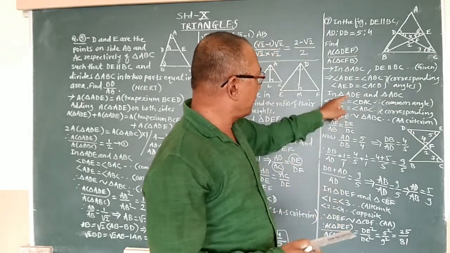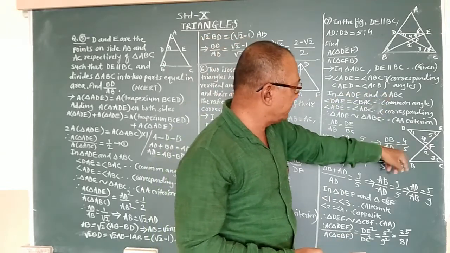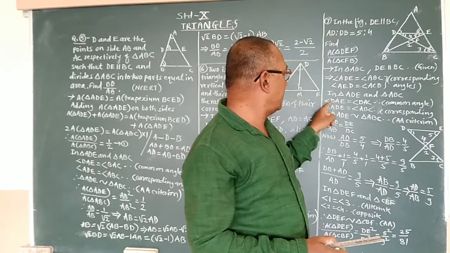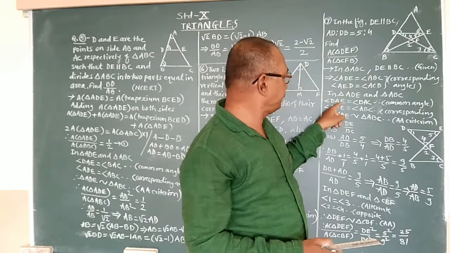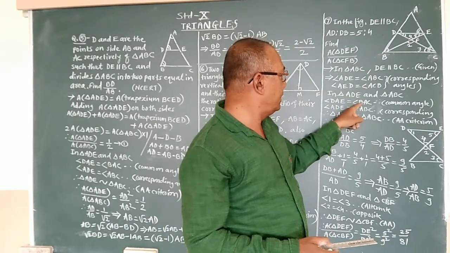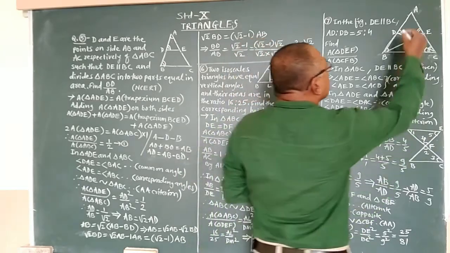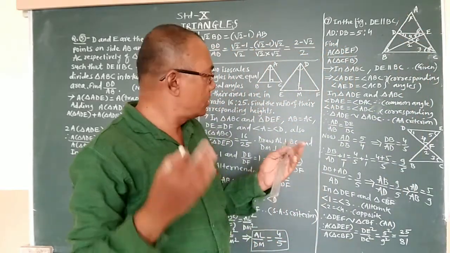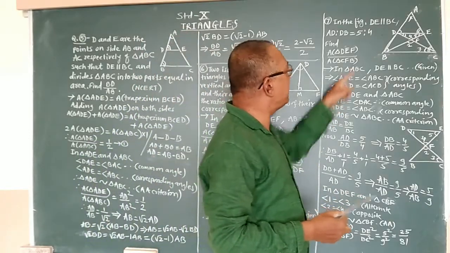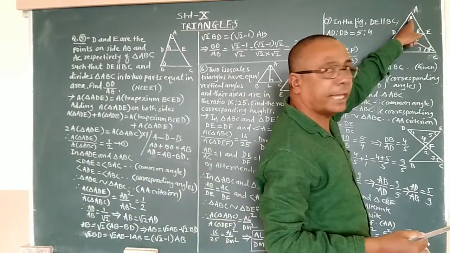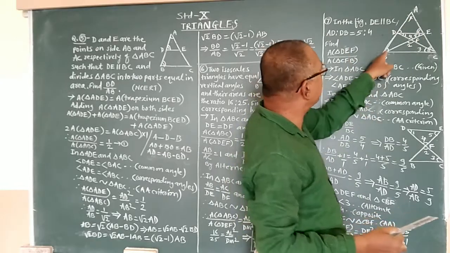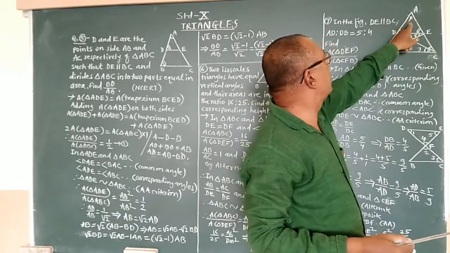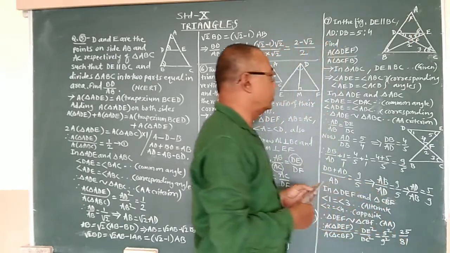Now in triangle ADE and triangle ABC, angle DAE equal to angle BAC, means the angle A is a common angle. So DAE means angle A, and BAC means again angle A, and A is the common angle of both the triangles.